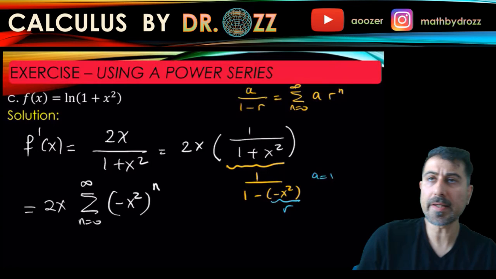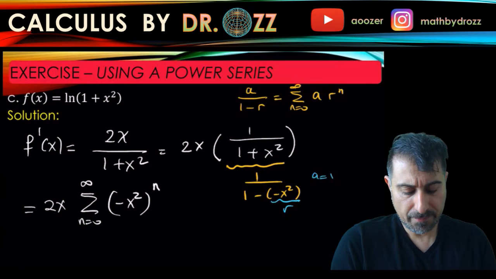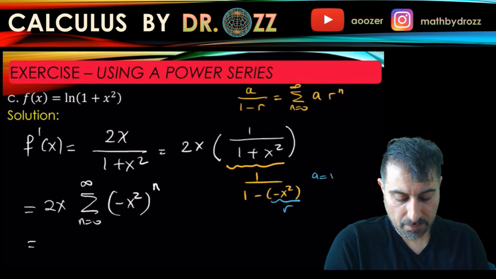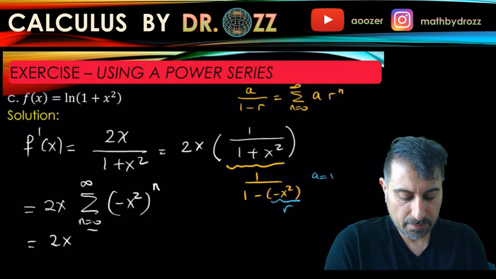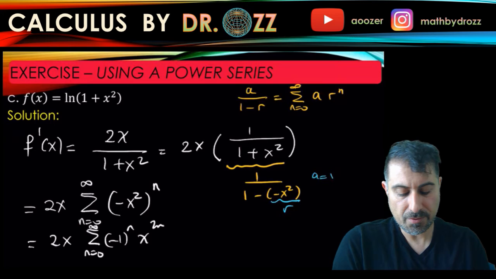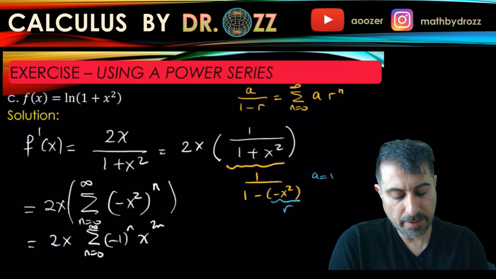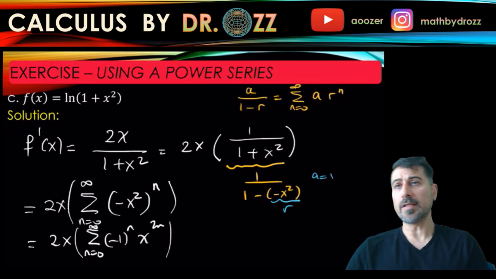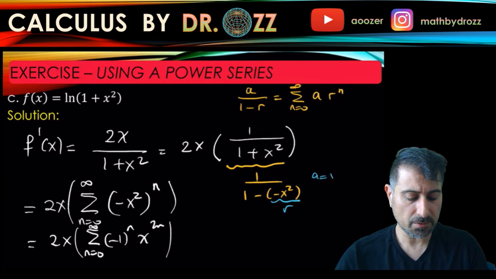And I can separate the negative part of the parentheses from the others. So 2x times the sum of negative 1 to the n, x to the 2n. And as you see, I'm multiplying everything by 2x. So when you expand the power series, it's all x related, and then I'm multiplying that by x. Let's just do that.